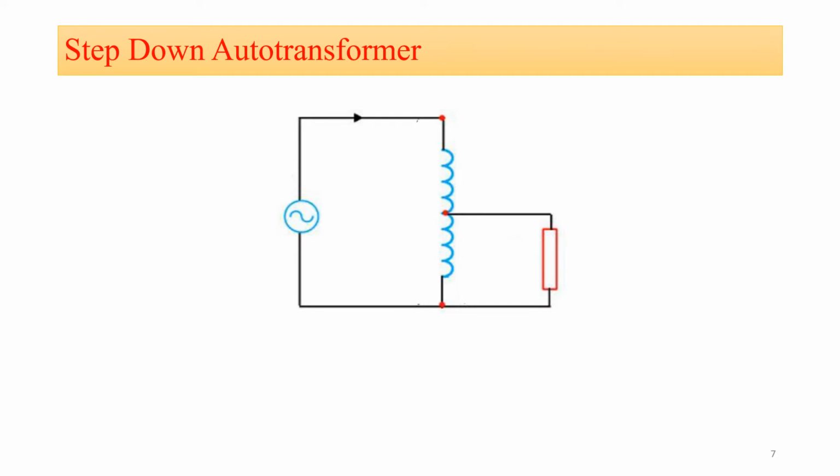To understand the working of the step down auto transformer, only one winding is used. Here V1 is connected with the single phase AC supply, and V2 is the voltage across the load. Means V1 is the input side or input voltage, while V2 is the output side or output voltage.